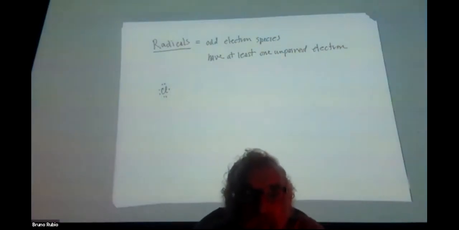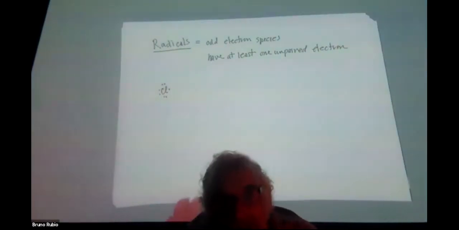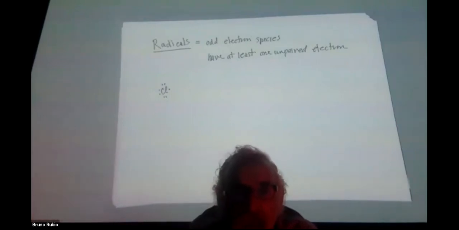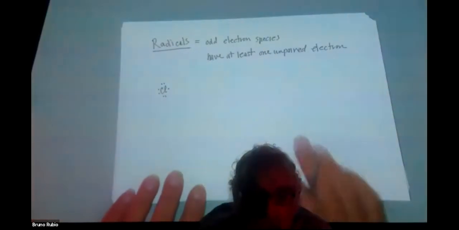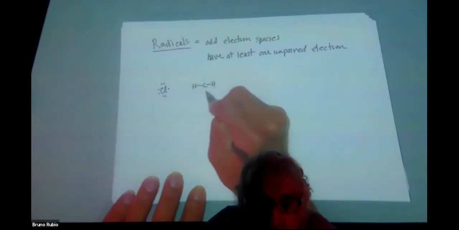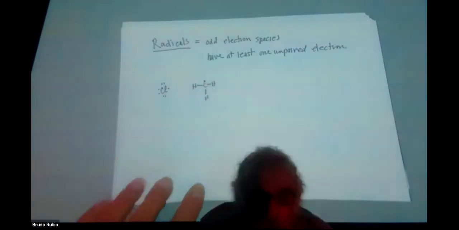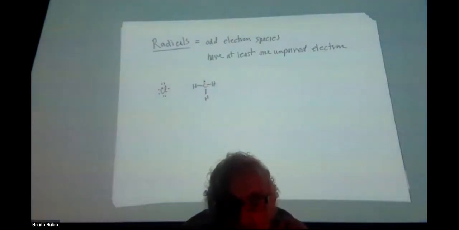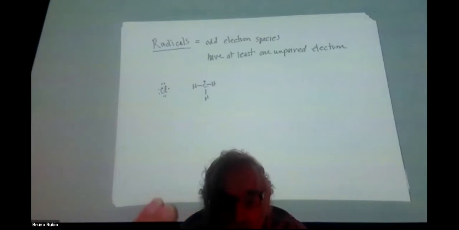Chlorine is group 7. That would be its Lewis structure. The chlorine atom is a radical, so we can also call it a chlorine radical. It has 7 valence electrons. It's an odd electron species. So that's a radical. When we talk about organic radicals, we can talk about the methyl radical, CH3 dot, and there's its Lewis structure, and that dot means the unpaired electron. It has a total of 7 valence electrons, an odd number.